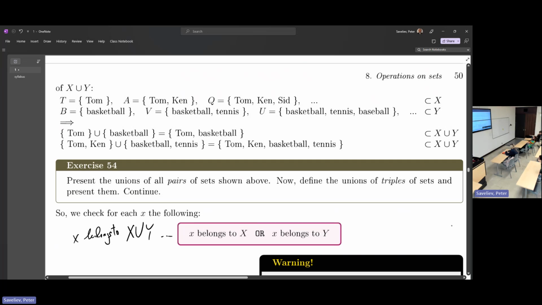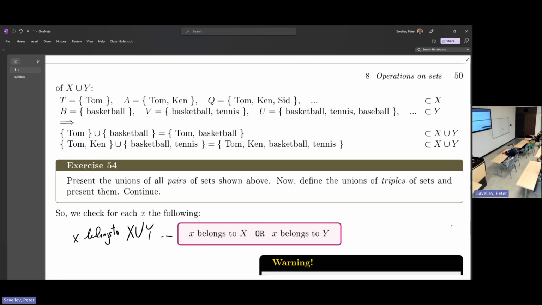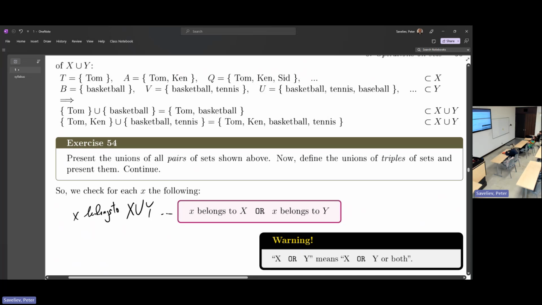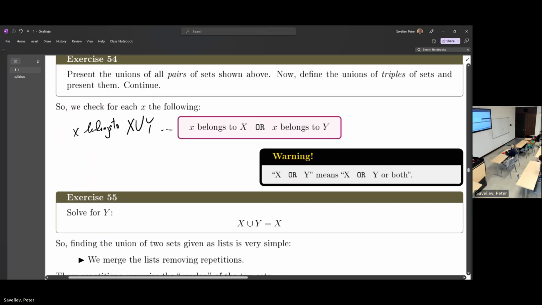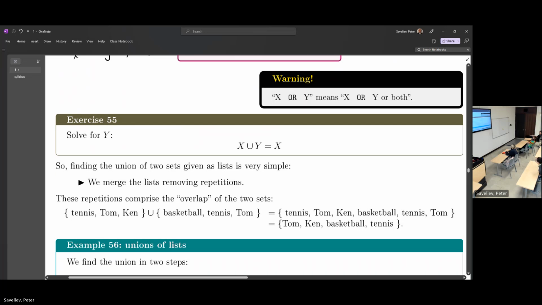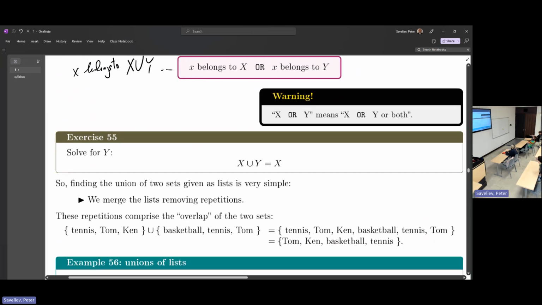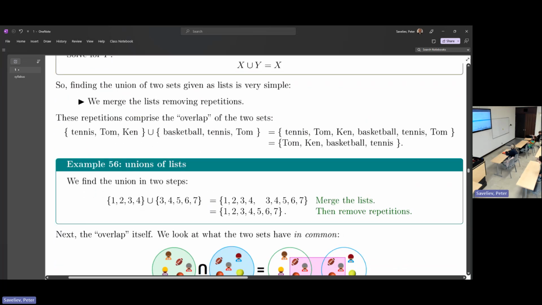It means that x belongs to X or x belongs to Y. One of the two is sufficient. Either it is one of the boys or one of the girls, and that's how the union works. So it's merging lists without repetitions, or merge literally, then remove repetitions.